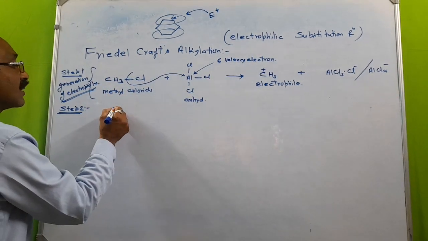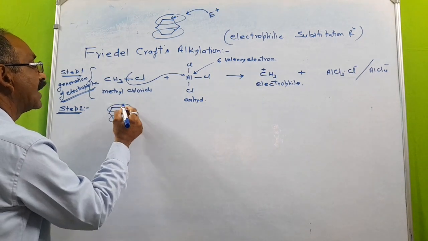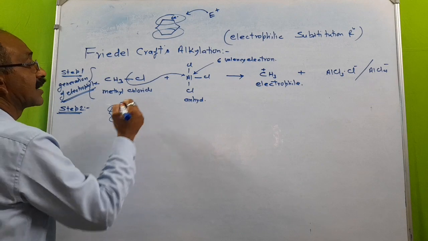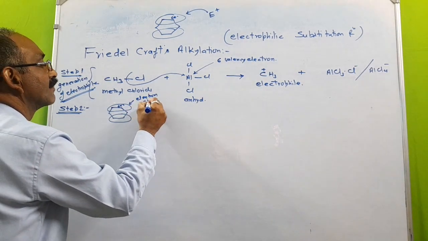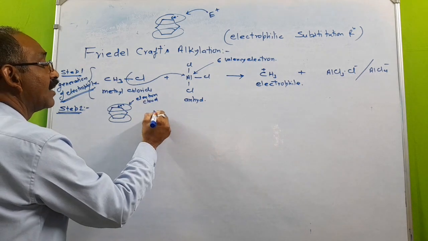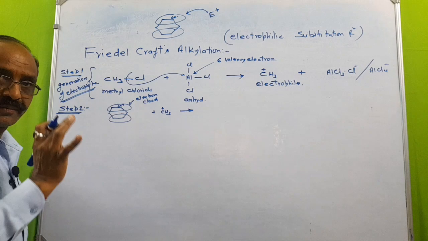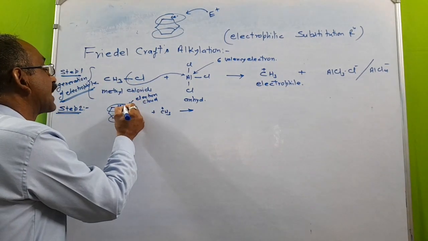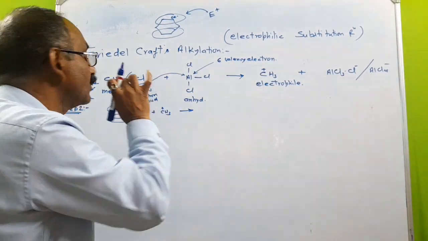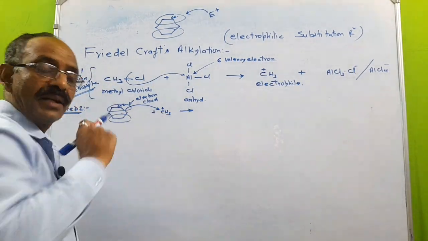As you know, in the benzene ring there is a cloud of electrons. Now the electrophile approaches the ring. Making use of 2 electrons out of these 6 electron cloud, the ring forms a bond with the electrophile.